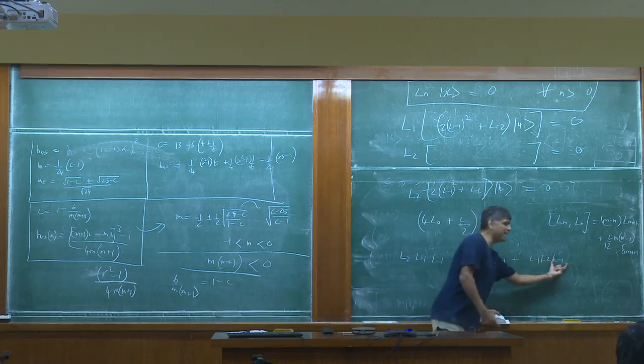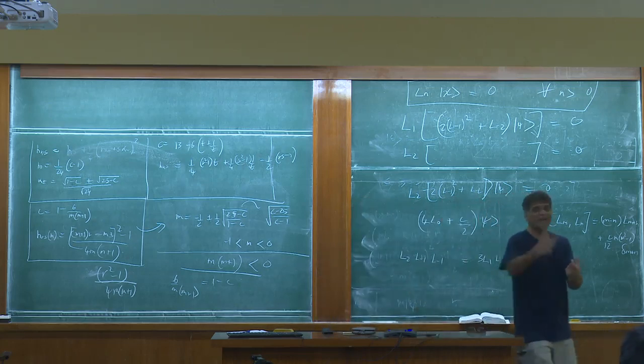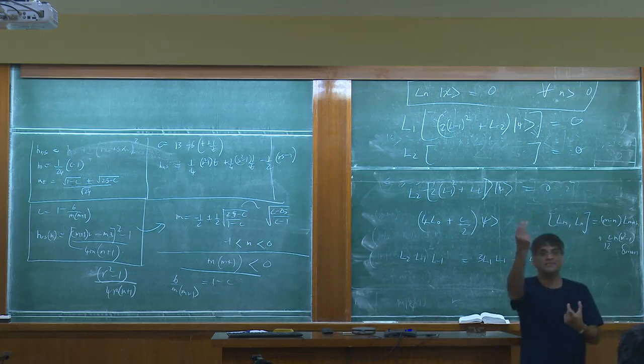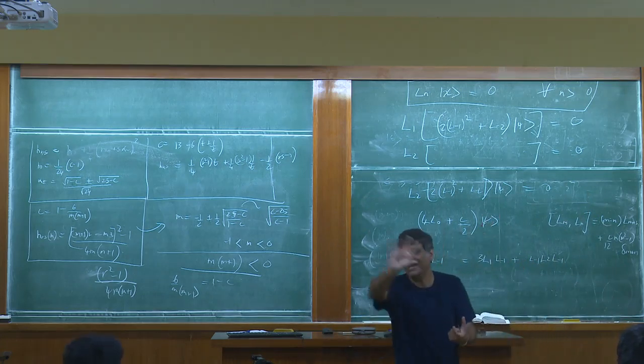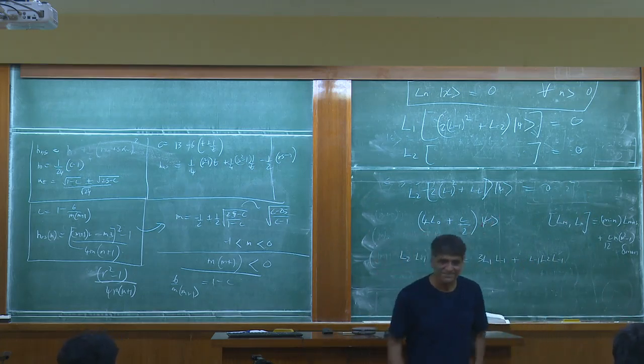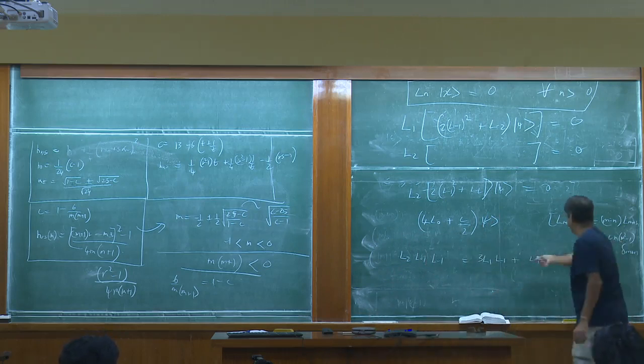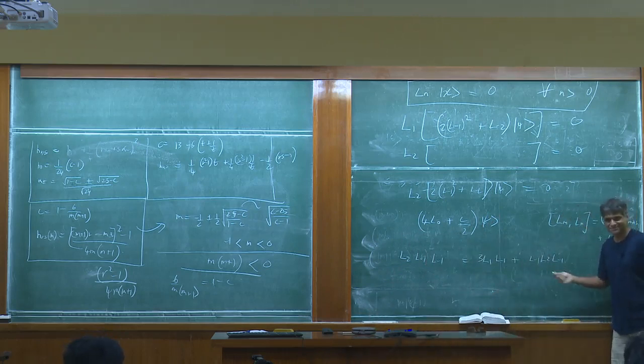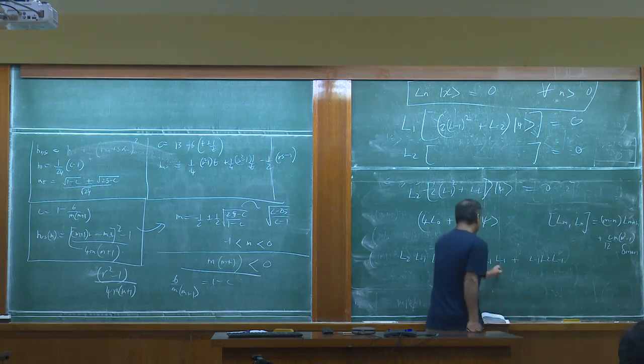Now this L2 L minus 1, whatever you get will have a positive number, so it will annihilate the state. So this guy is going to annihilate, so we can forget about it. What remains is this guy.